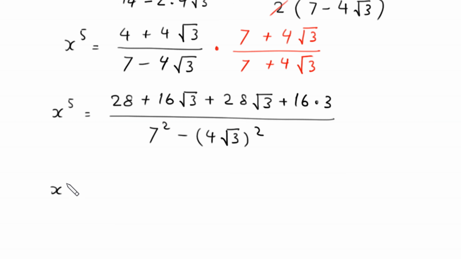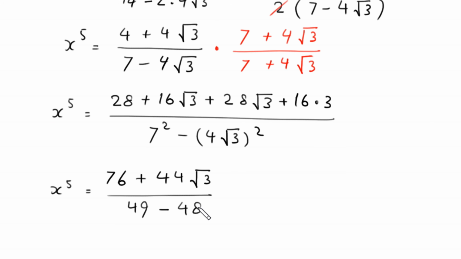Next, x to the power 5 is equal to 16 times 3 is 48, 48 plus 28 is 76, plus 16 root 3 plus 28 root 3 will become 44 root 3, divided by 7 squared, which is 49, minus (4 times root 3) squared, which is 16 times 3, 48.